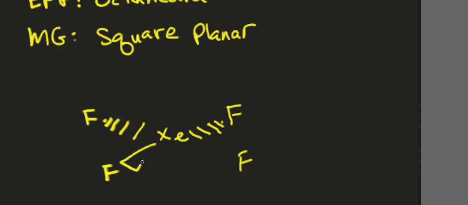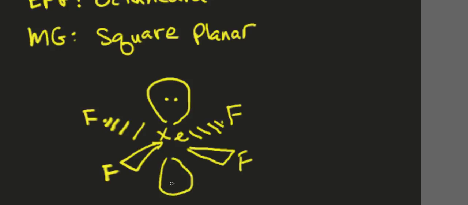These would be coming out of the page. You'd have one lone pair above, one lone pair below. And then the bond angles for those guys are going to be 90 degrees.